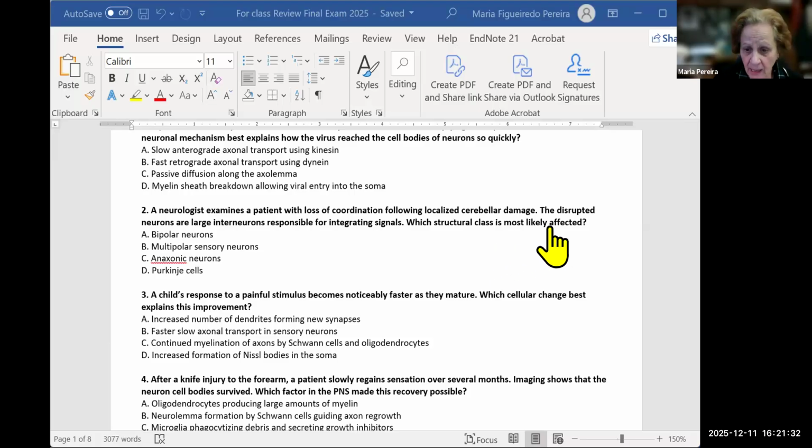Which structural class is mostly affected? So remember, cerebellum has these Purkinje cells. Remember, these Purkinje cells are GABAergic. They have the neurotransmitter GABA. They are inhibitory. So the correct answer is D.